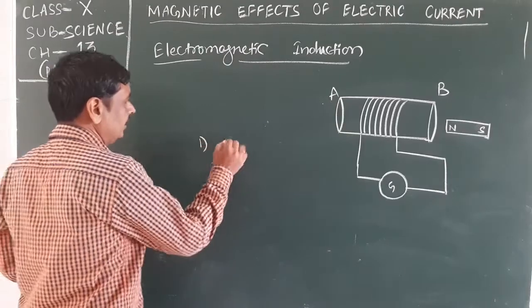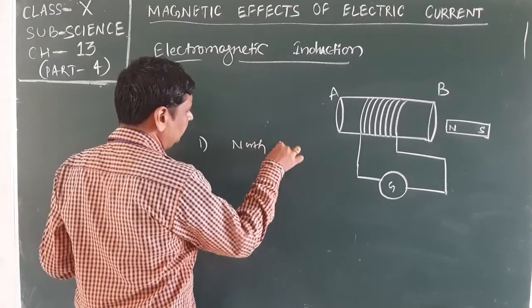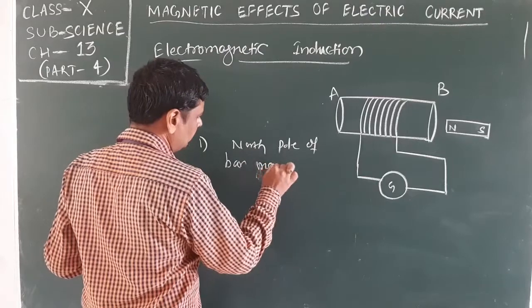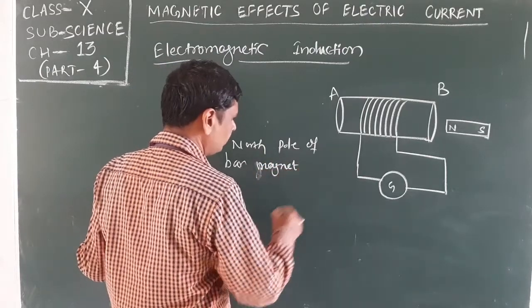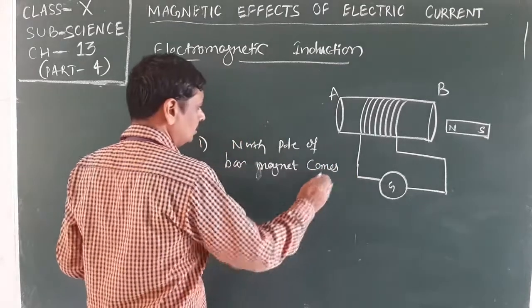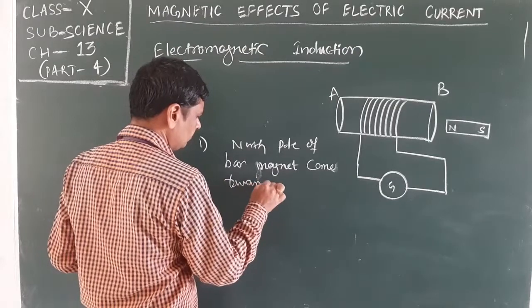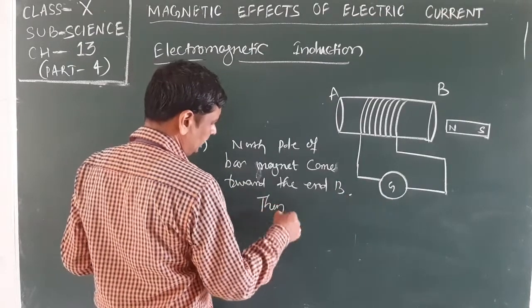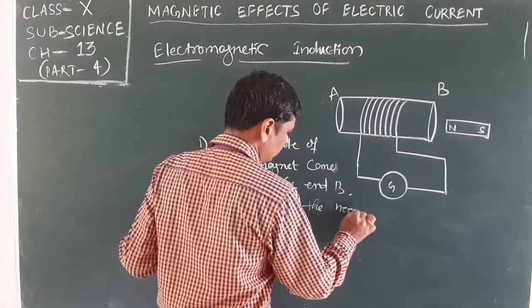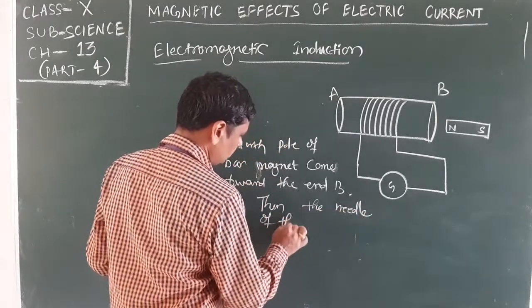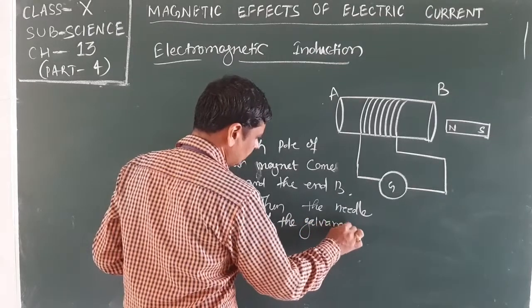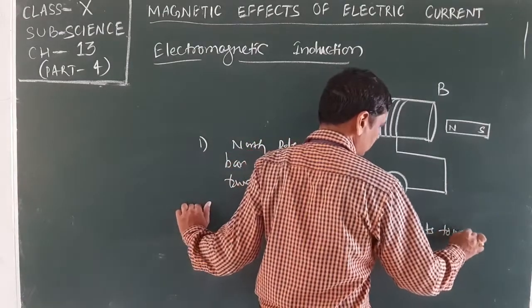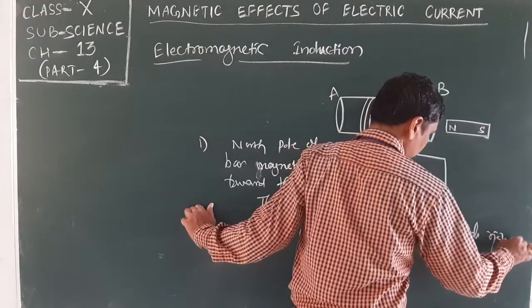Here, when the north pole comes towards the end B, the needle of the galvanometer deflects towards the right.